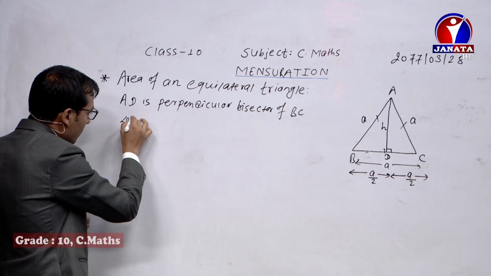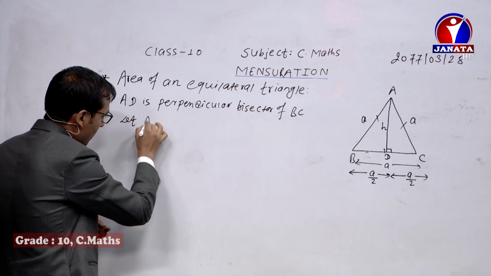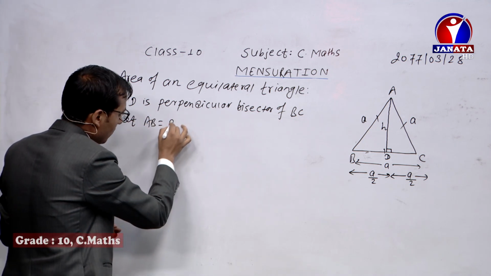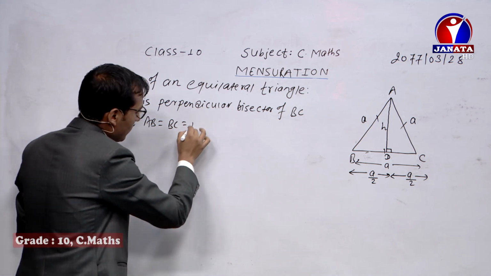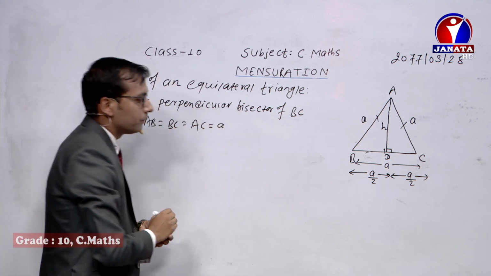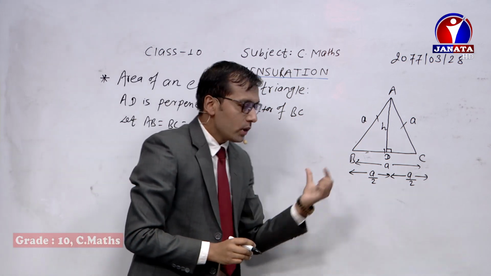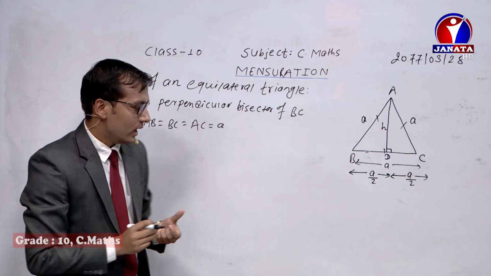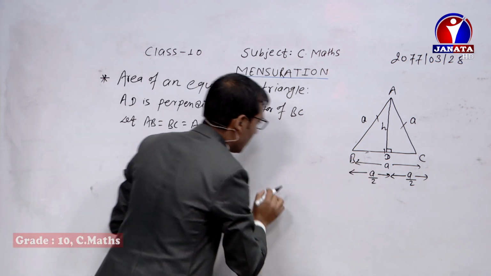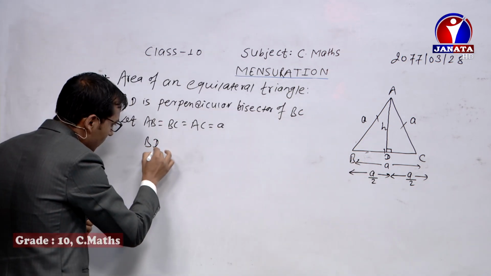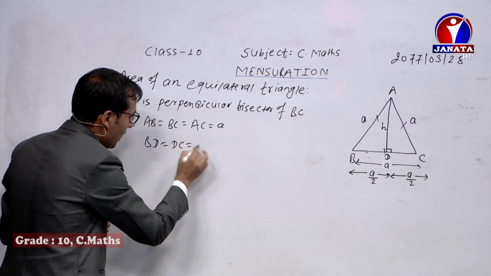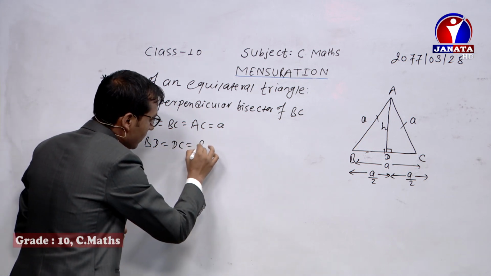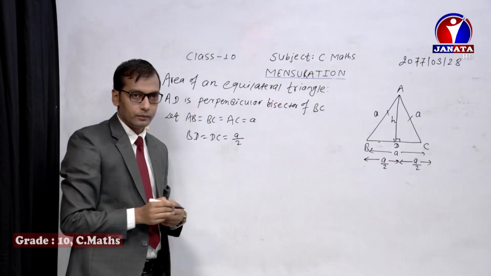Suppose AB is equal to BC is equal to AC, and this is A, because I am supposing the length of each side of this equilateral triangle is A. Now what is the measure of BD? BD and DC are half of BC, so this is A over 2.